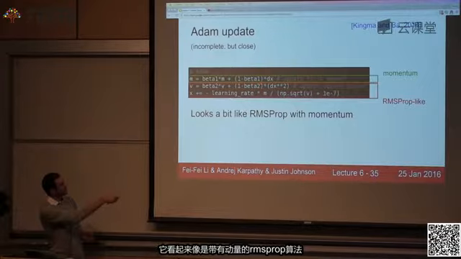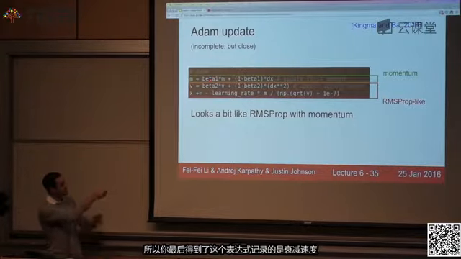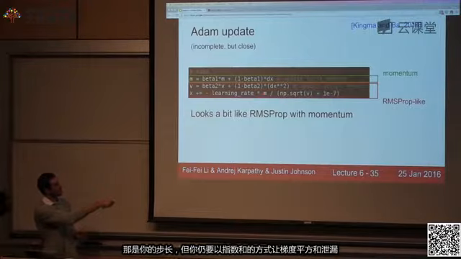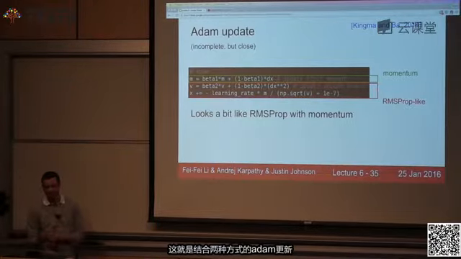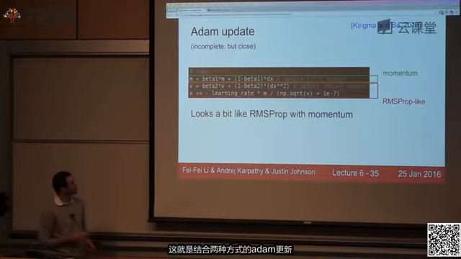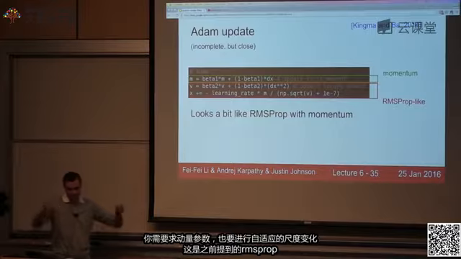You keep track of this velocity in a decaying way, and that's your step. But then you're also scaling it down by this leaky counter of your squared gradients. And so you end up with both in the same formula. That's the Adam update, combining those two. So you're doing both momentum, and you're also doing this adaptive scaling.